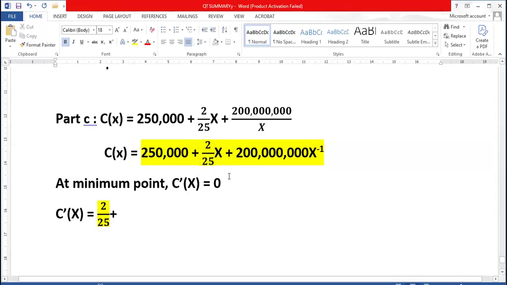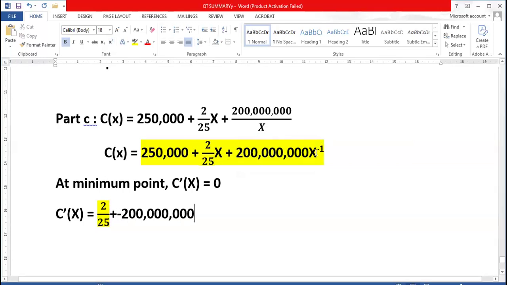Then plus, when you differentiate this, what do you get? The original power is negative 1. So get the original power times the constant here. You get negative 200 million.